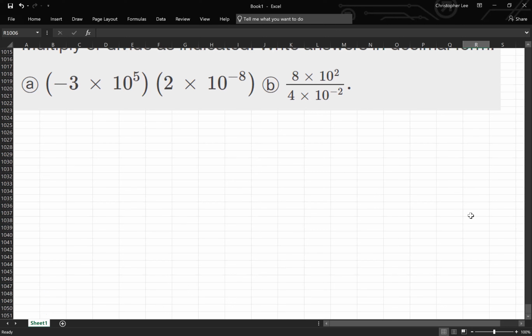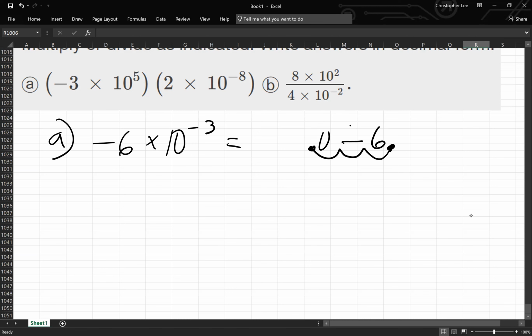Let's take a look. What do we have for A? You say it. Good. Let's put that in decimal. 1, 2, 3. So this is negative 0.006. Good.